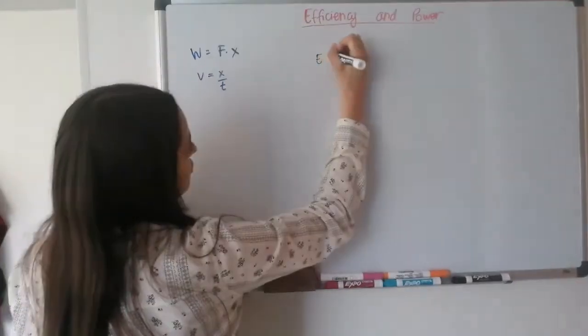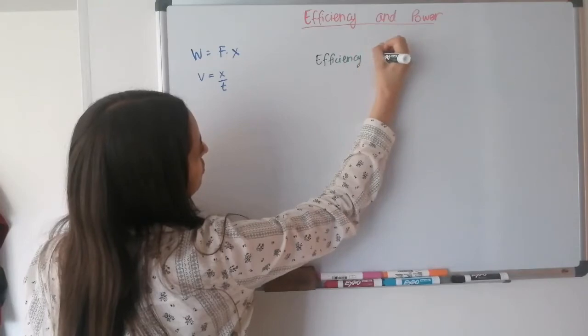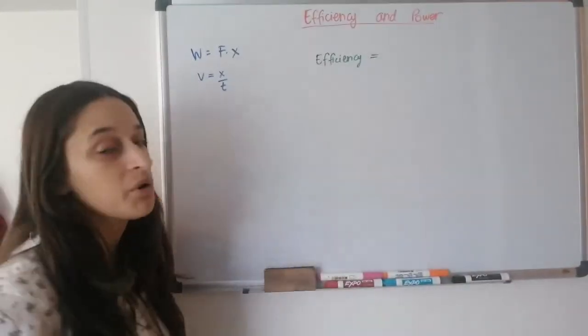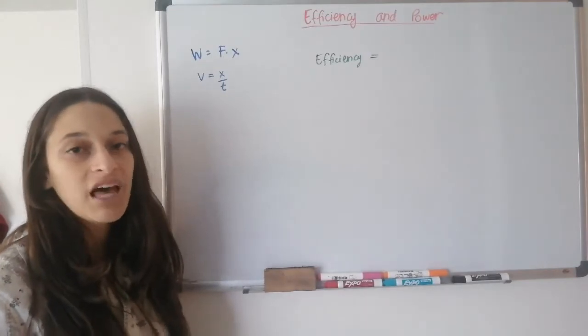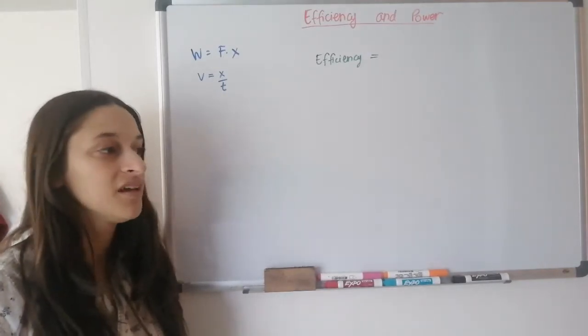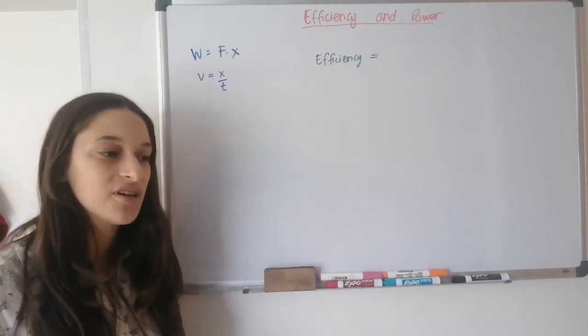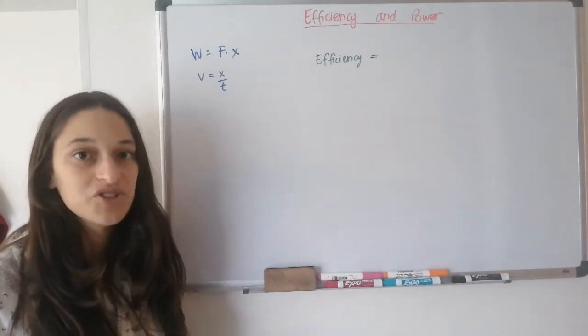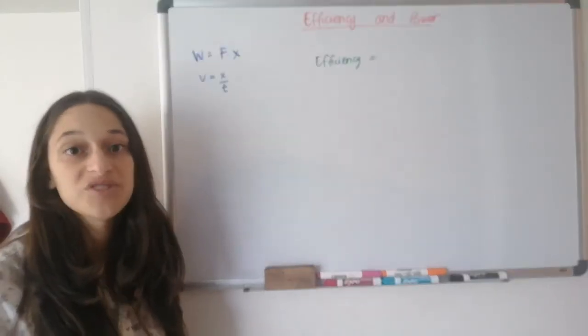So we have efficiency, which is going to be equal to, so what we want to see with efficiency is how much useful energy we get out of a machine or something that we have to put energy into. How much of that energy that we spent on making the machine work is going to be actual energy that we can use for something.